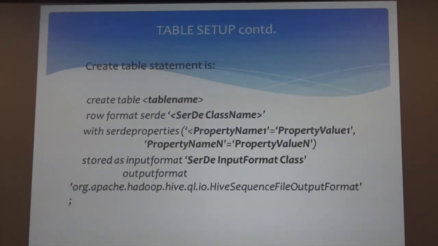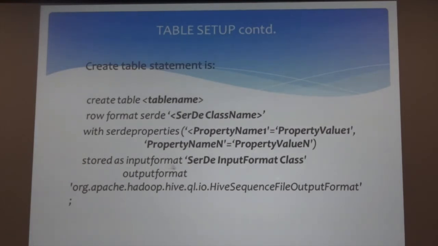So here is the create table statement for such a table. If you see, it's totally different from an Oracle or a MySQL create table statement. There is no field list here. You just say create table name, and give the SERDE name in there. And if you want to pass any properties for the SERDE, you pass them in there.